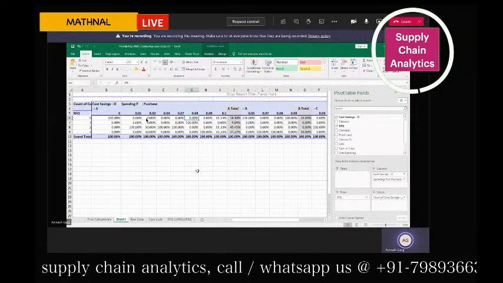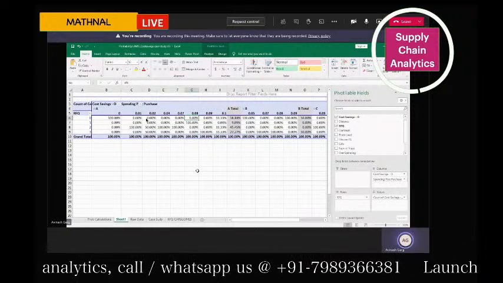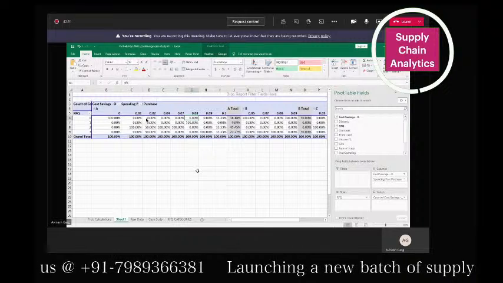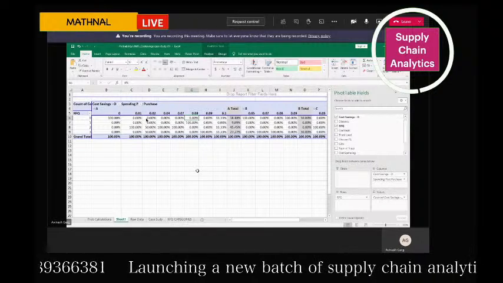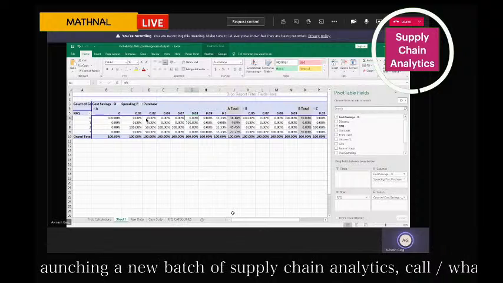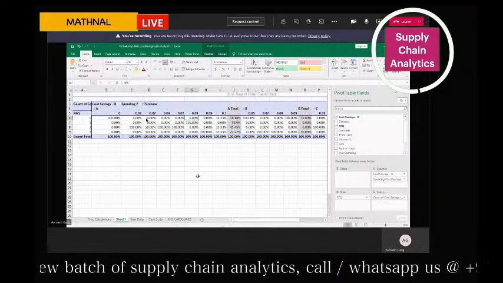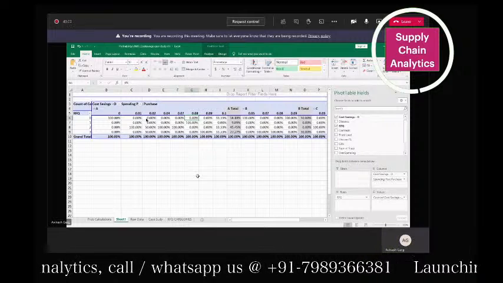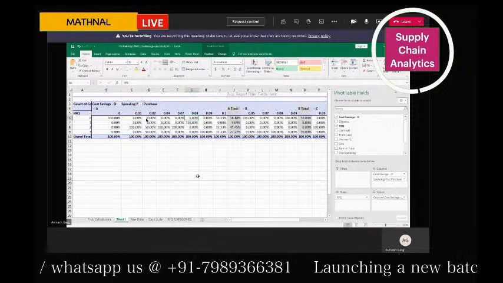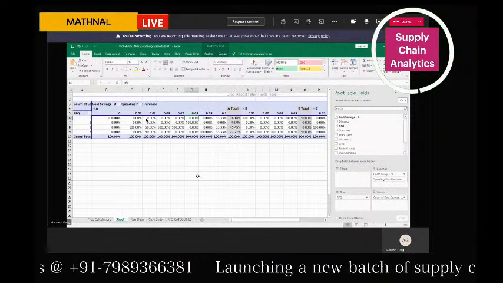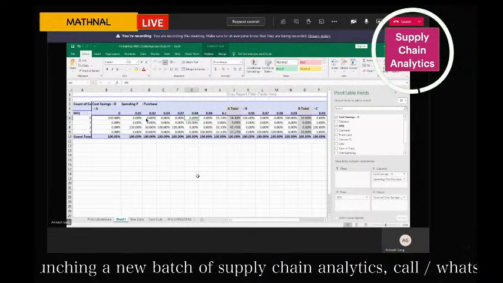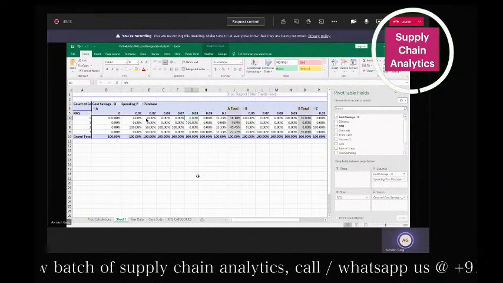So now we have spending post purchase and cost savings in the column section, right? For A, how many categories do we have? For A we have spending post purchase 0.01, 0.02, 0.04, 0.07, 0.08, 0.09 and 0.01, right?